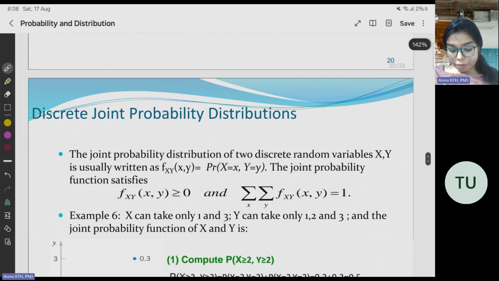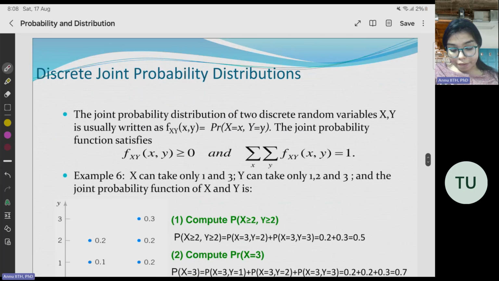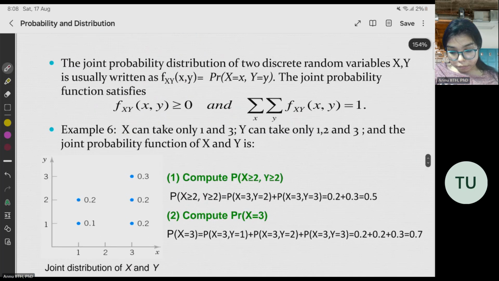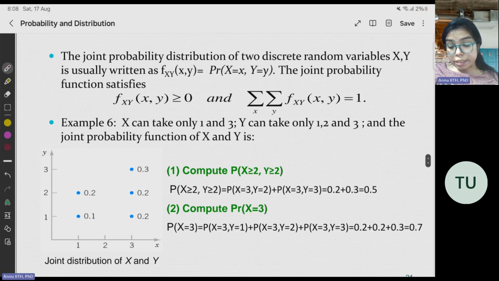So in discrete also we can have, but the one thing that is common for all, that the area under discrete and continuous random variable is always 1. Okay. So the joint probability distribution of two discrete random variables can be written as f of x, y, where it is the probability that X equals x and Y equals y.